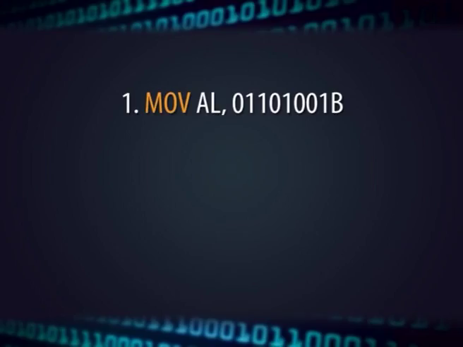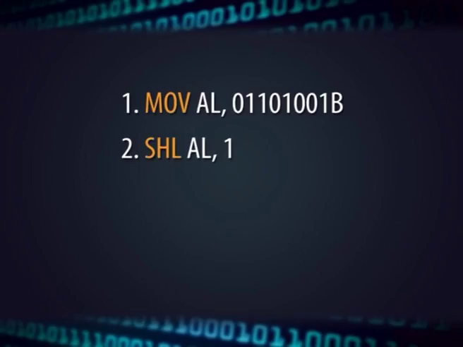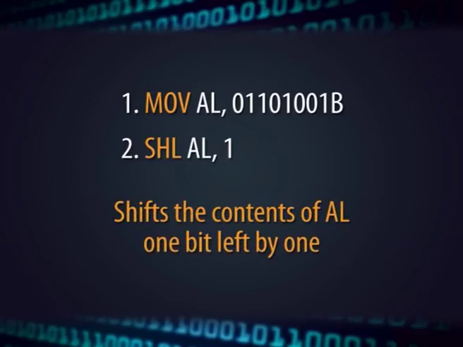Assume the following instruction sequence. Again, we initialize the contents of the register AL as shown below, an 8-bit binary value. When we apply the instruction SHL AL, 1, it shifts the contents of register AL left by 1 bit.